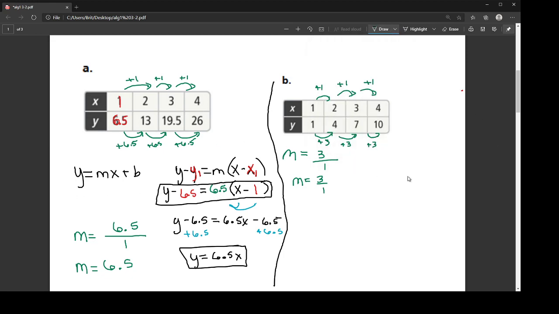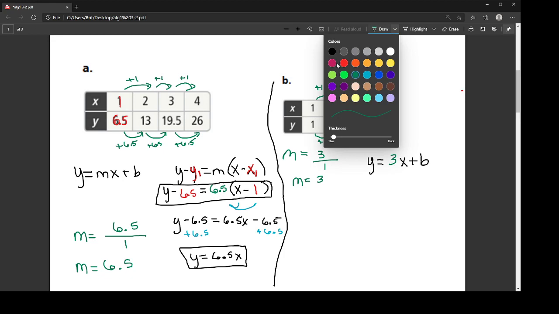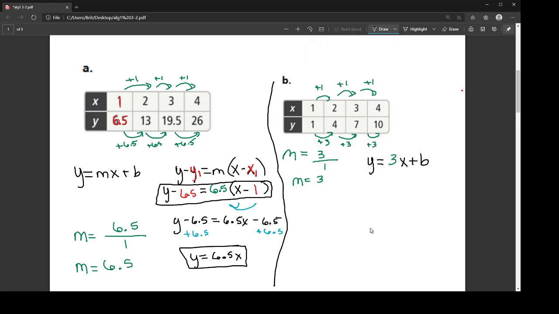This time I'm going to use slope-intercept form just to show you guys one more time how to do it. Where the m is in slope-intercept form, I'm going to replace it with 3. Then to find my b value, remember, I plug in the slope and one of the points into the equation.